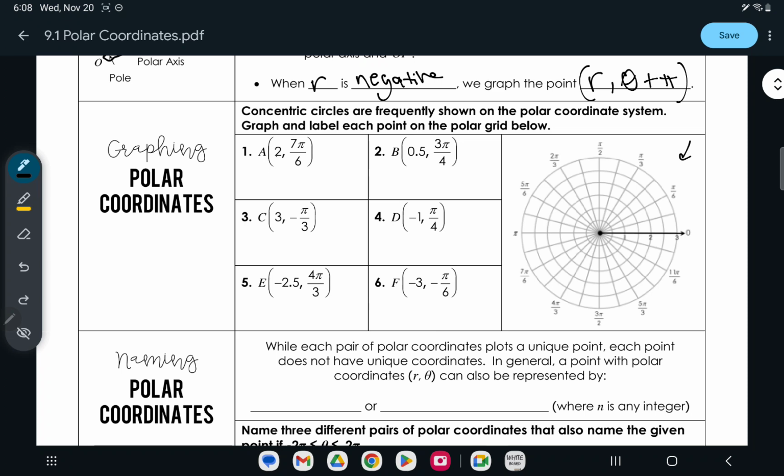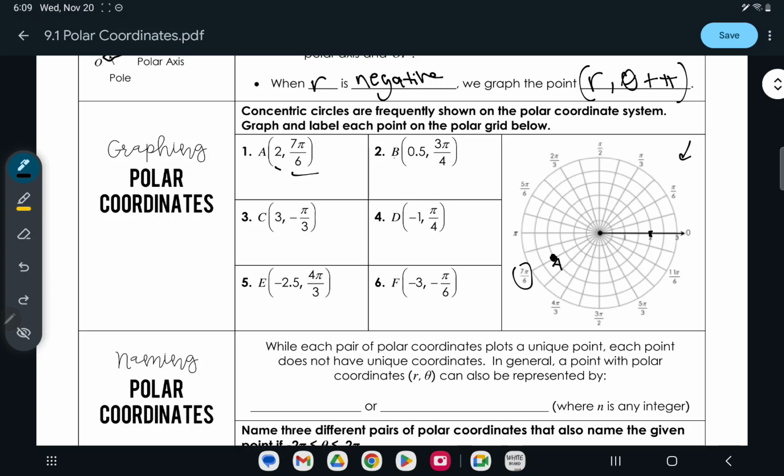So this point A, we have 2 and 7 pi over 6. So what we can do is we can go to 7 pi over 6, so right here. And then we're going to graph with a radius of 2. So I see my 2 here, so I'm going to follow this line around. It's going to be right here.